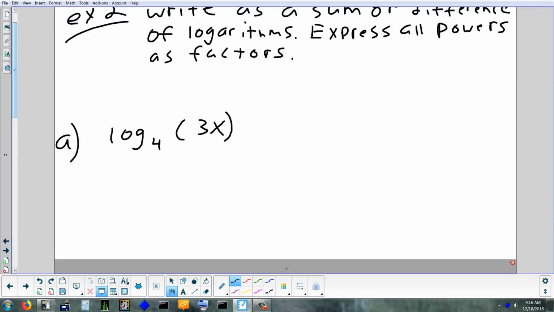Log base 4 of 3x. How is that logarithm going to split? As a sum or a difference? Yep. It's going to be a sum because it's 3 times x. So we're going to have a sum of 2 logs. What's going to be the base on each log? Oscar? 4. Yeah, the base never changes.